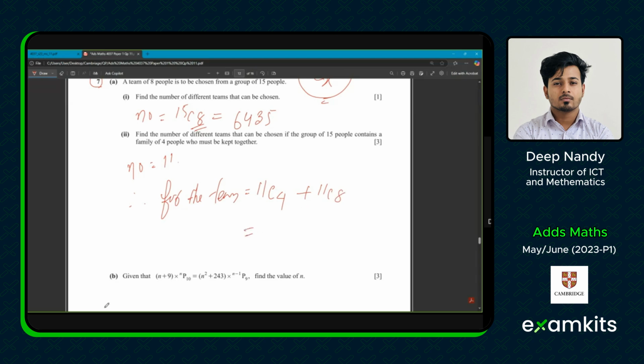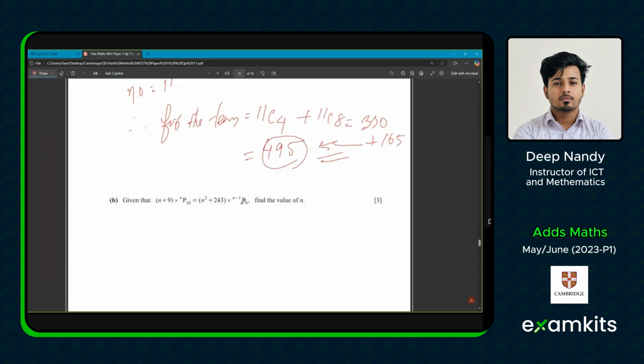So the total value, if we add these two values, is 495. Using the calculator, 11C4 equals 330, plus 11C8, which equals 165, resulting in a value of 495.